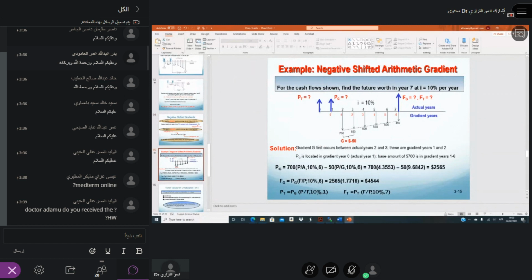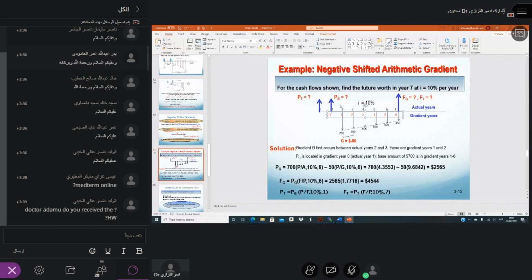These are gradients year 1 and 2, if you are doing the gradient numbering. And PG is located in gradient year 0, in the gradient numbering, which corresponds to the actual year P1, which is on this scale.